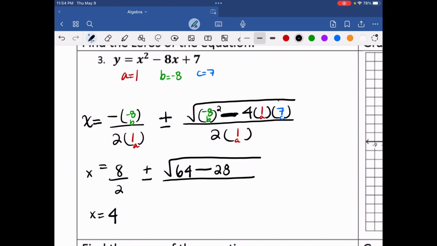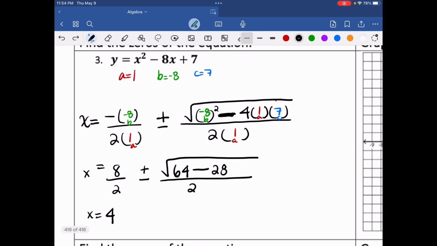And on the bottom of the fraction, we have 2 times 1, which is 2. We should probably simplify the subtracting inside the square root. 64 minus 28 is 36. So we get 36 plus or minus square root 36 over 2.